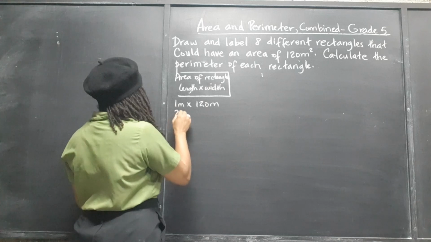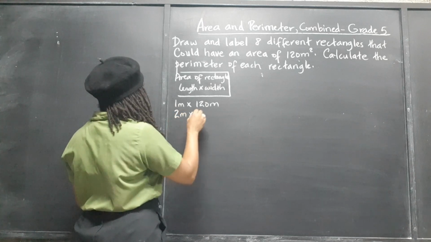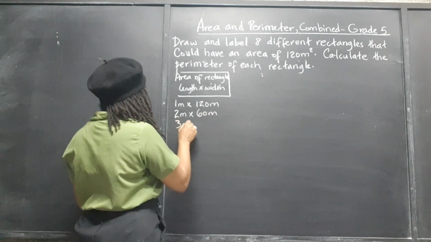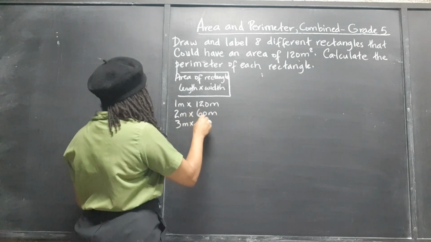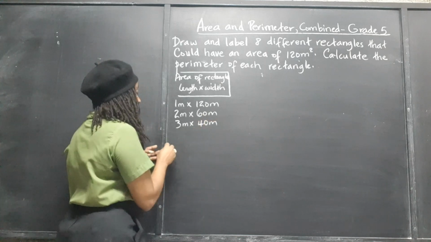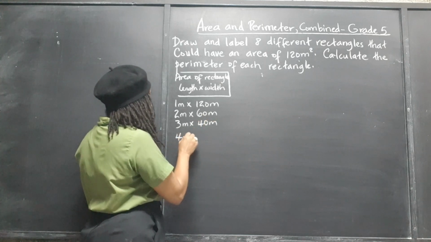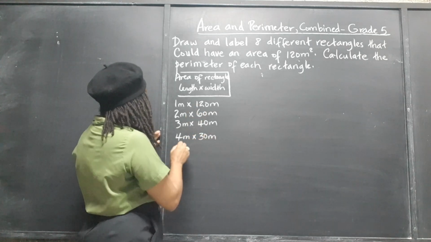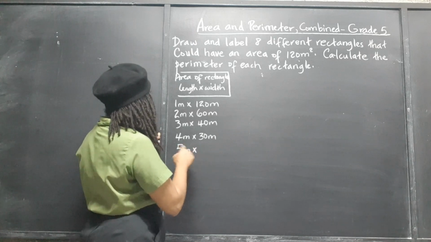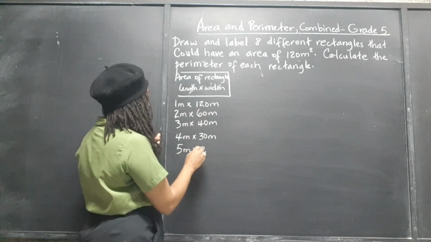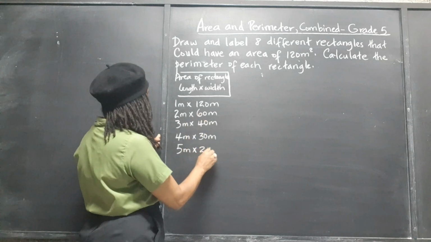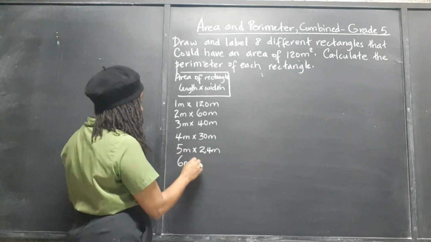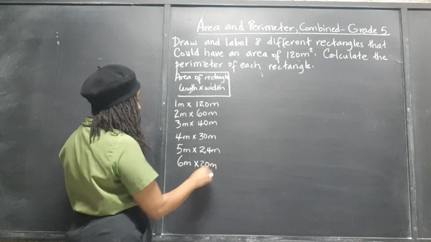Alright, 2 can go into 120, so that's 2 times 60. 3 can go into 120, so that's 3 times 40. 4 can go into 120, so 4 times 30. 5 can go into 120, 5 times 24. 6 can go into 120, 6 into 12, 2 times, 6 into 0, 0.